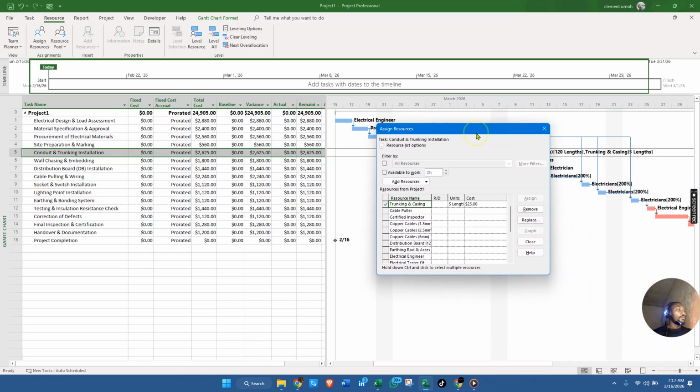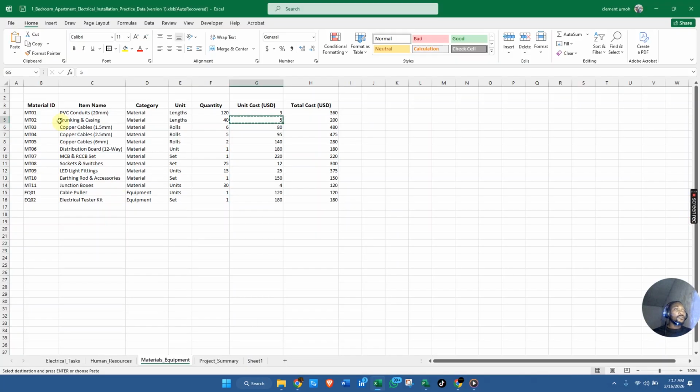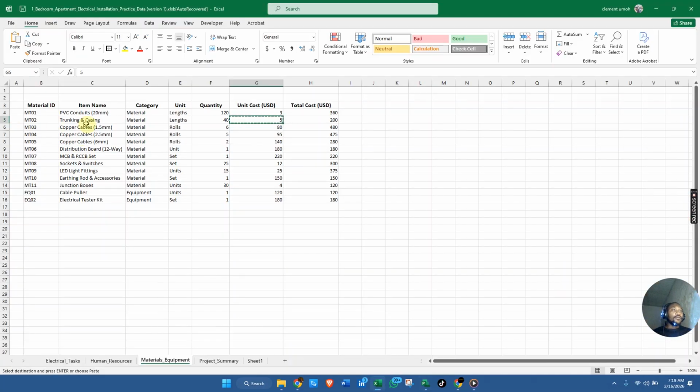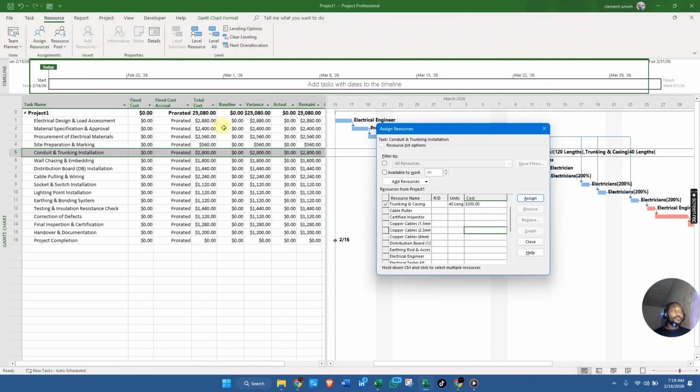So now let's go to our pulling of cable. For pulling of cable, we need a 1.5 mm cable, 6 rows. Do you understand? So 1.5 mm cable, how many rows? 6 rows we need to get.